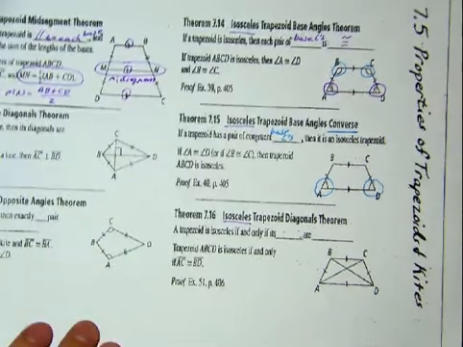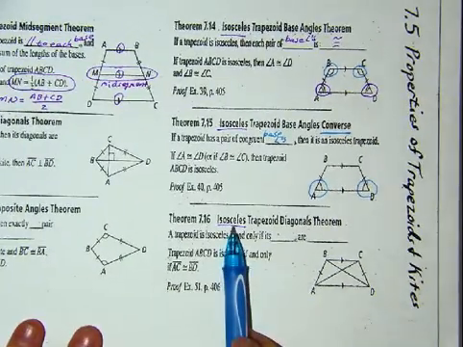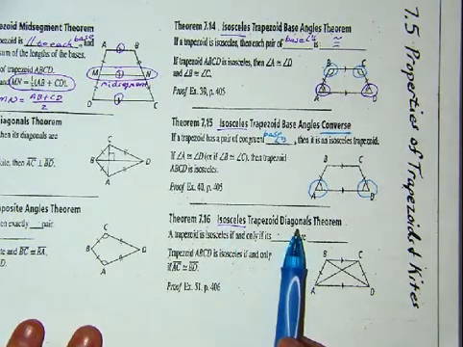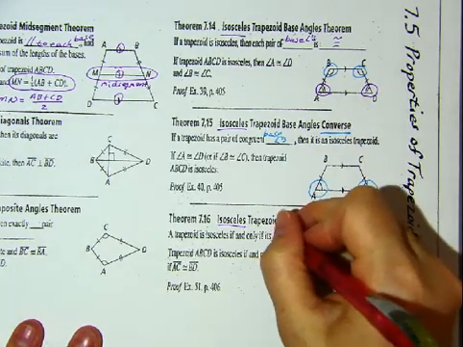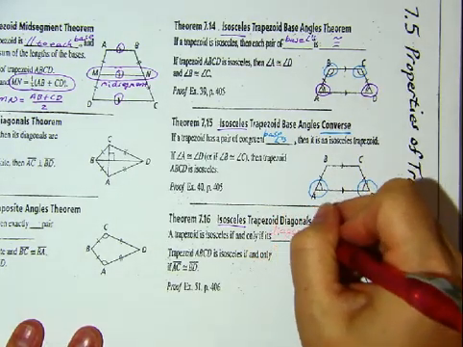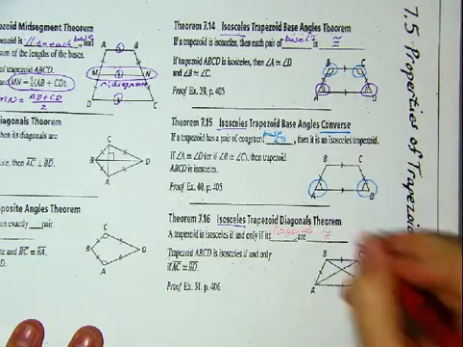All right, let's move on to the next one then with our isosceles. This one is diagonals. So dealing with our diagonals, it says a trapezoid is isosceles if and only if its diagonals are congruent.